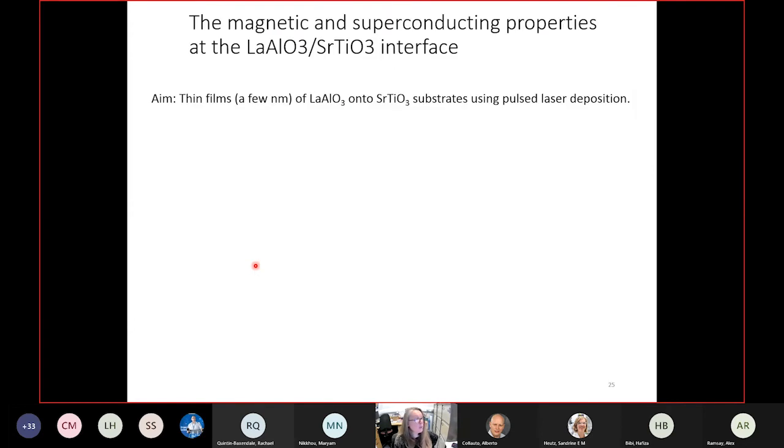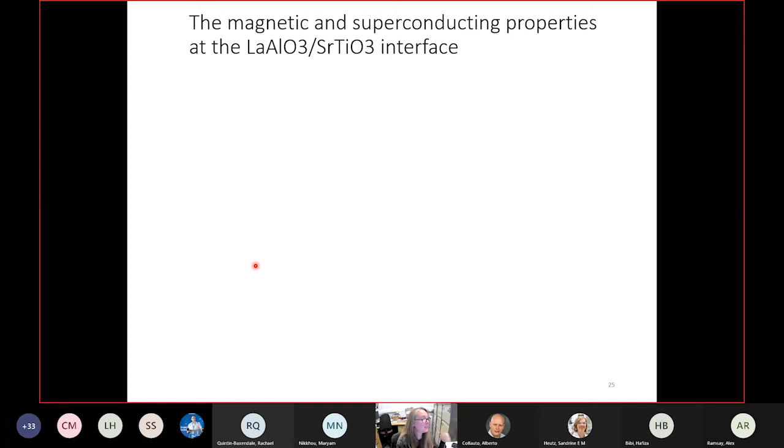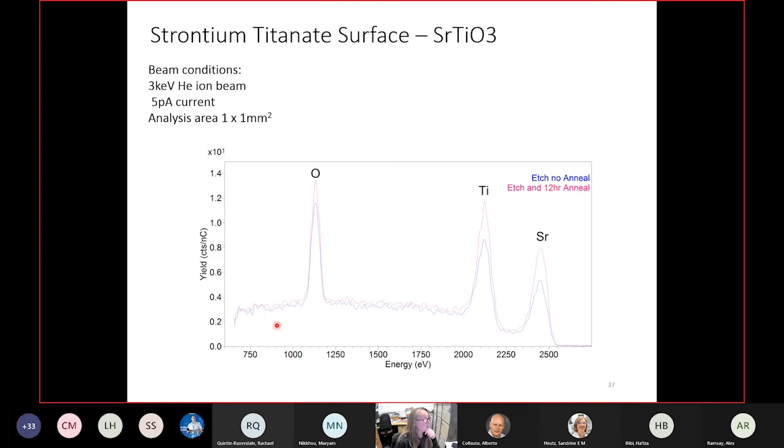Just looking at an inorganic structure, wanting to get strontium titanate termination, a TiO2 termination on an STO substrate. So we're hoping to get this outermost layer through etching and annealing, just TiO2 termination, and this is what the spectra look like.